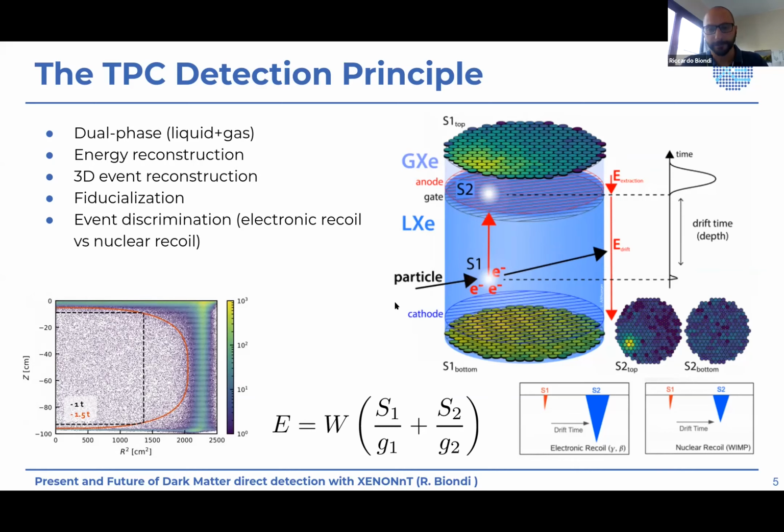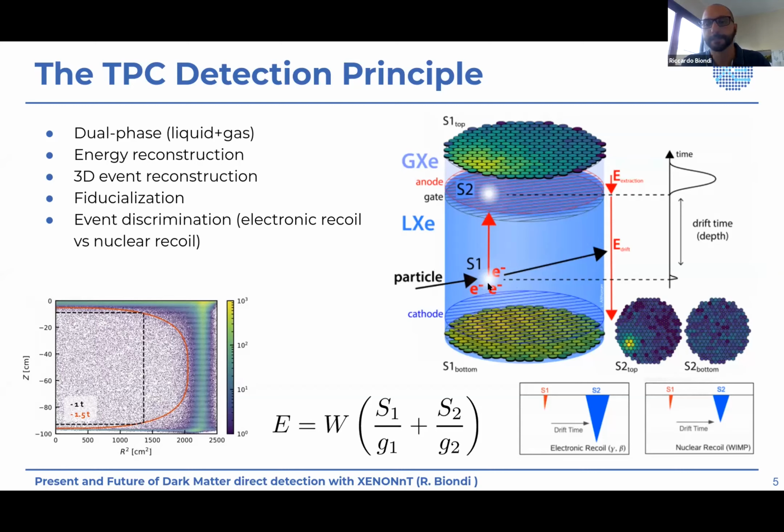So how does it work? When a particle hits one of the electrons or the nucleus of the xenon atom, it releases some energy via recoil, electron recoil or nuclear recoil, sorry, and produces a prompt scintillation light that is what we call S1, and releases some electrons.